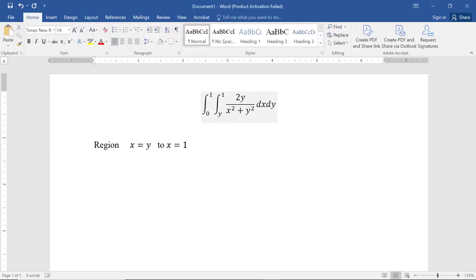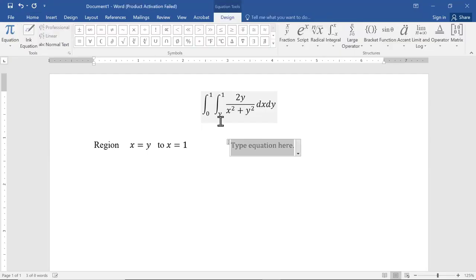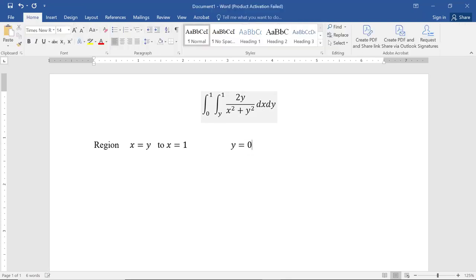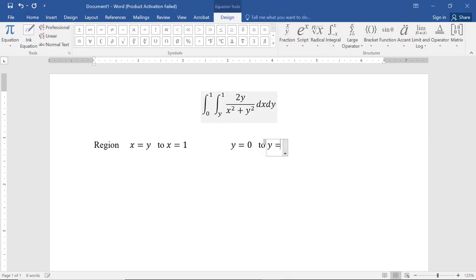And the y values are going to go from y equals 0 up to y equals 1. X equals y, same thing as y equals x, that's the line of slope 1. So if I were to draw this, it would be a line of slope 1. X equals 1, that's a vertical line.